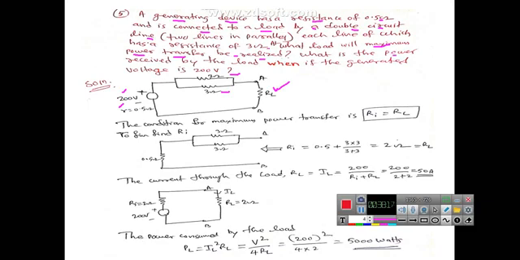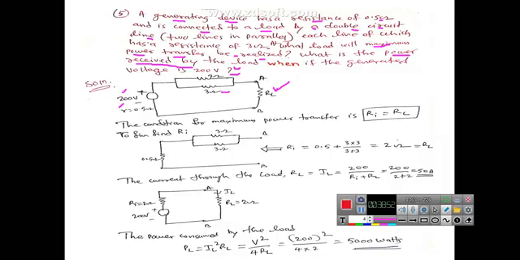So the first point is you have to find the RL as well as the power consumed by the load resistance, when the generating voltage is 200 volts. So you need to find out the load resistor as well as the power consumed by the load resistor.